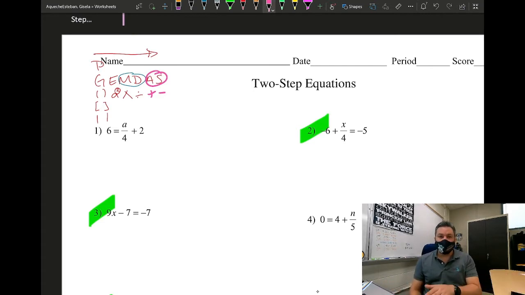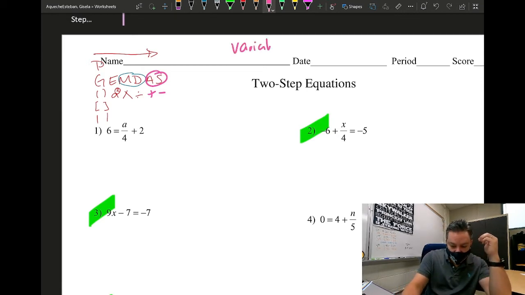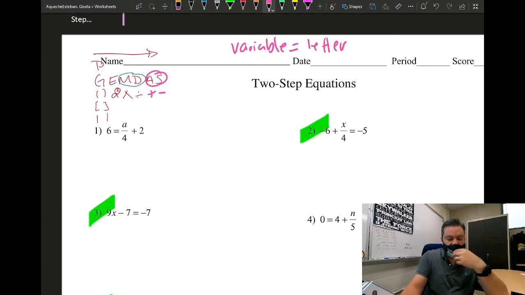We're going to talk more about that when we go into word problems, writing equations and inequalities. So the variable is going to be the letter. It can be x, a, b, c, y, whatever. That's what we're going to try to solve for.